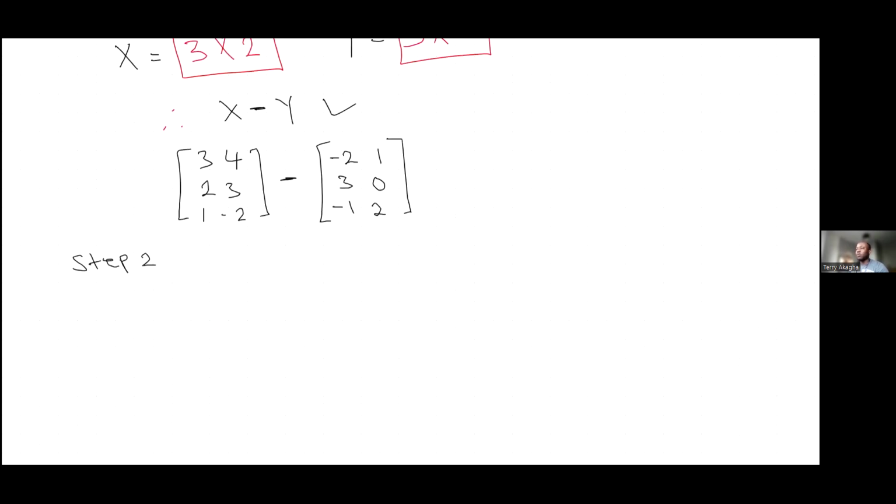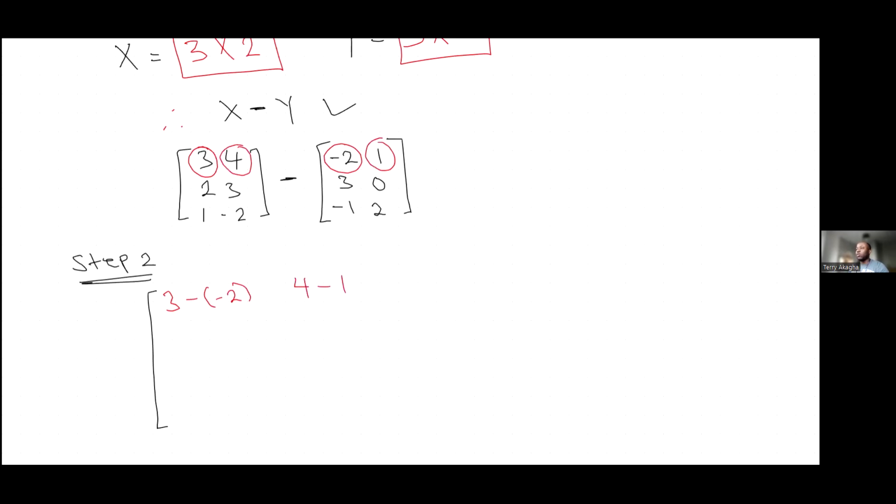We'll start with the first one. We're going to go with 3 and minus 2, so it's going to become 3 minus 2. The next one is 4 and 1, going to give us 4 minus 1.